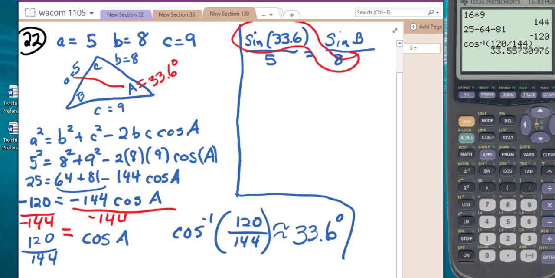Multiply this way. So 8 sine 33.6 divided by 5 will be sine of B.